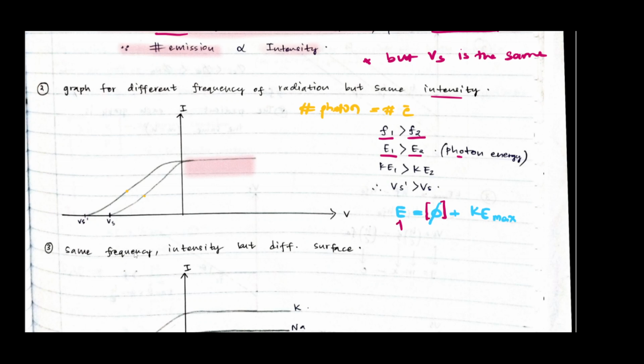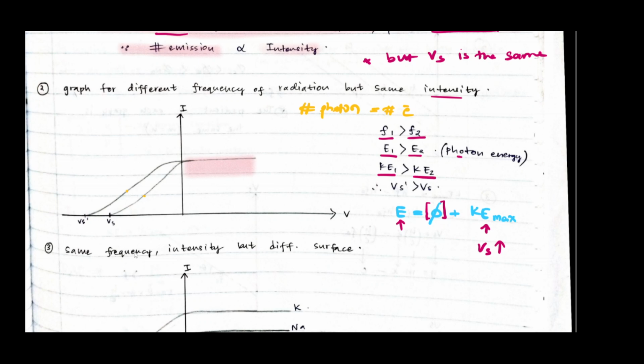Whoever has more photon energy will have more kinetic energy, which in turn will have more stopping voltage. Vs also increases. So E1 has more energy, which means kinetic energy 1 is greater than kinetic energy 2.